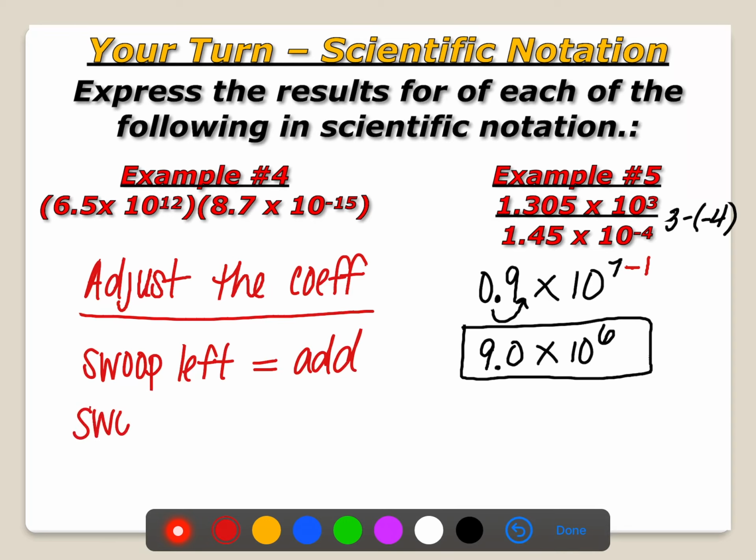And when we swoop to the right, we're going to subtract. Okay? And remember, you add or subtract however many decimal places you swooped.